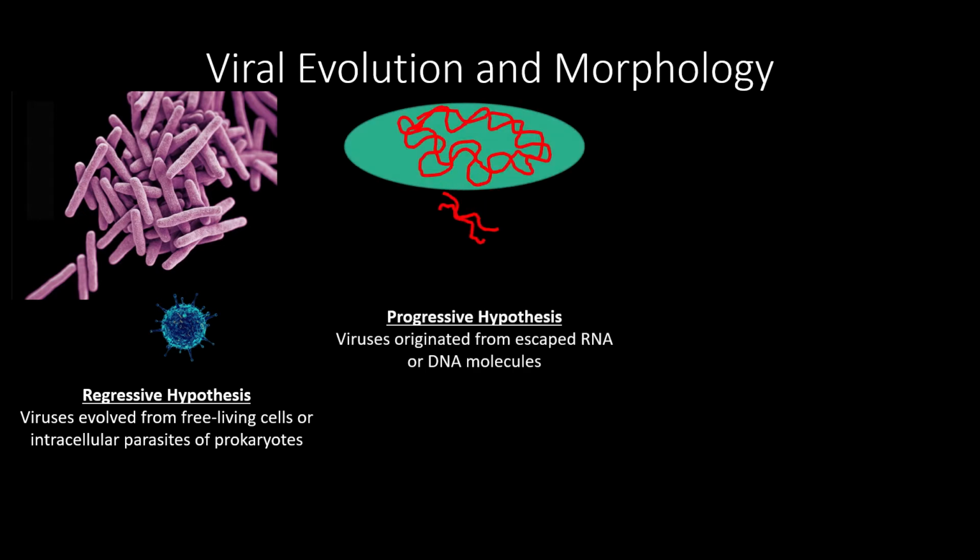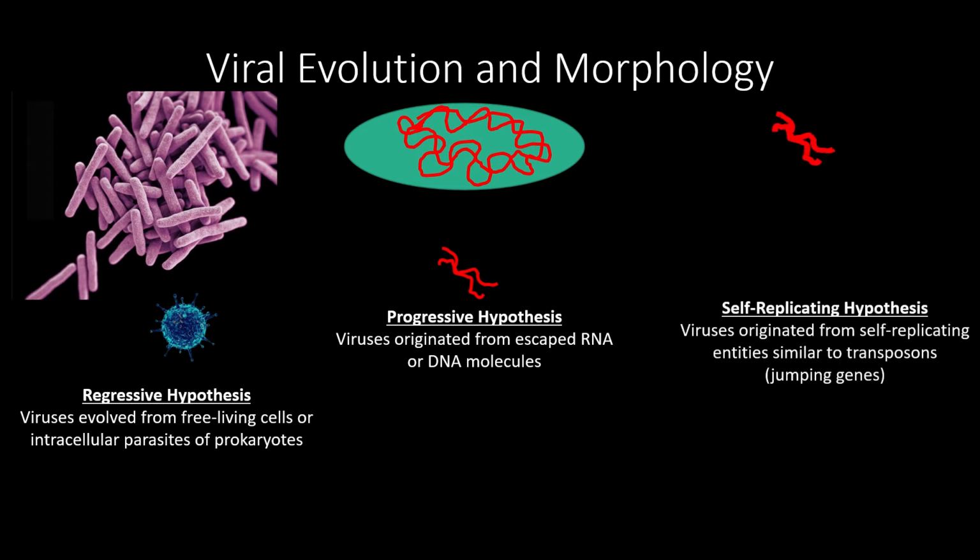Then there's the progressive hypothesis, which says that viruses originated from RNA and DNA molecules that escaped from a host cell. And finally, the third is the self-replicating hypothesis, in which viruses originated from self-replicating entities similar to transposons, or jumping genes. Regardless, understanding viral evolution will make it easier to develop treatments against the diseases they cause in humans, wildlife, and agriculture.